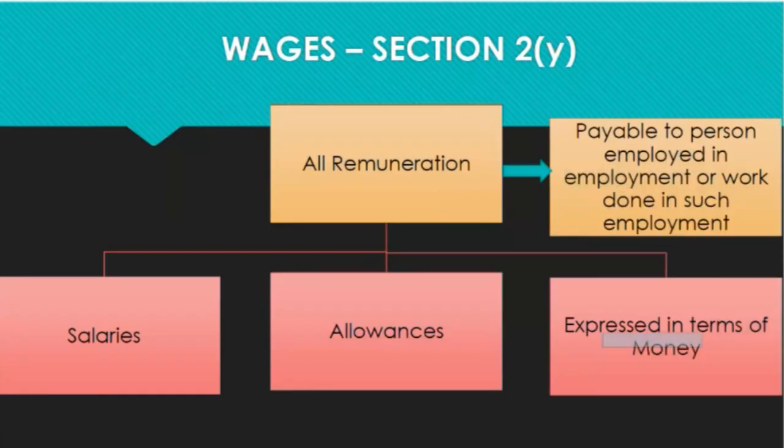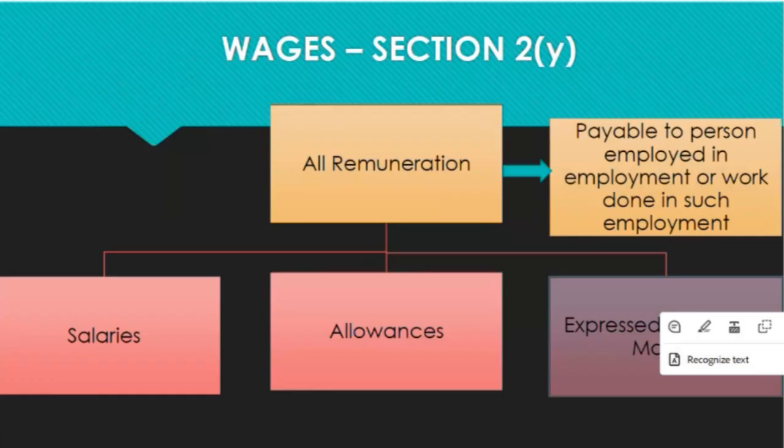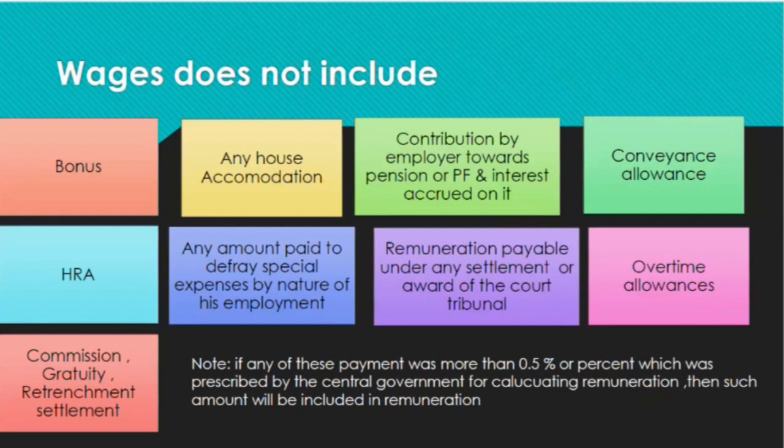If it is paid in kind, it is limited to 15% of the total wage amount, and it does not include bonus, HRA, PF, pension, gratuity, overtime allowance, etc., unless it is greater than half percentage of the total wages, or a percentage that is prescribed by the government.